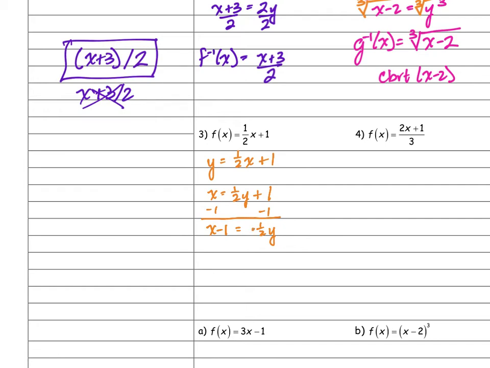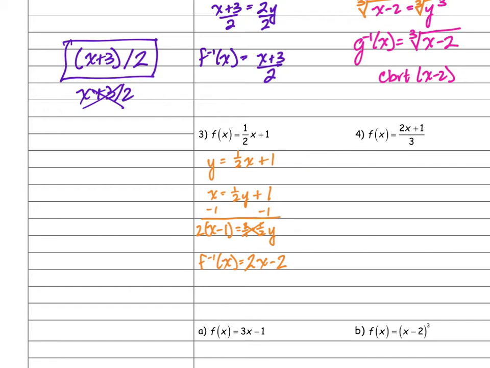So I'm going to multiply by the reciprocal. Okay, so if I multiply by the reciprocal, it's just 2 over 1, which in that case is just 2. Those go away, and I get left with y. Or in this case, f inverse of x, and 2x minus 2. Yeah, okay. Multiply by the denominator, divide by its, good job, you guys.